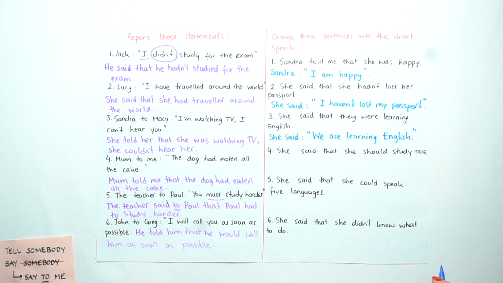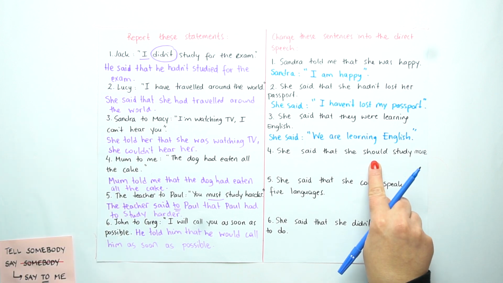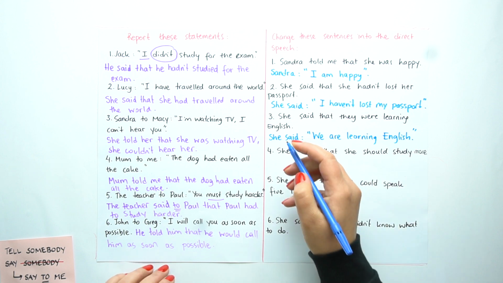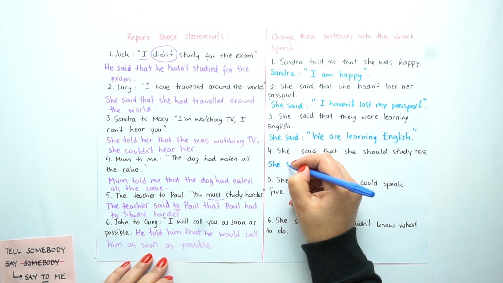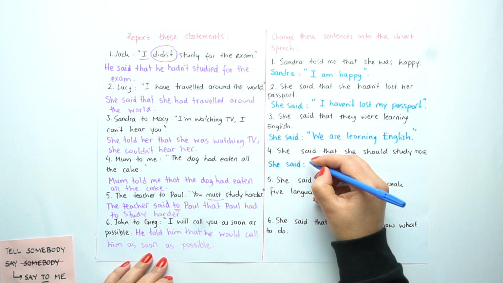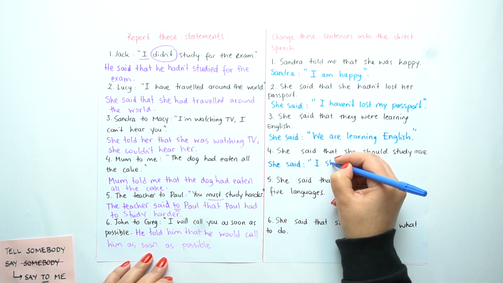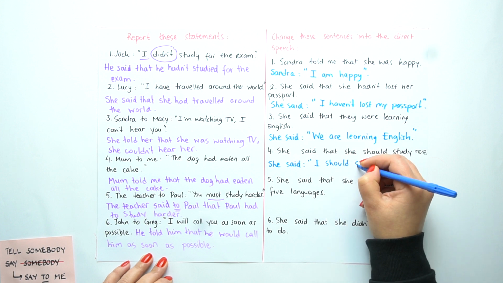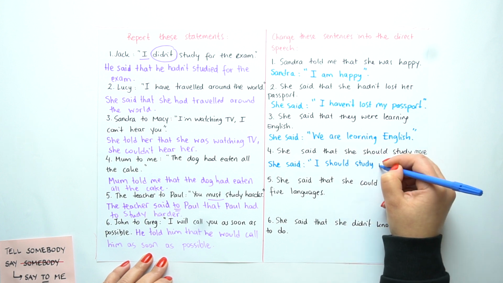She said that she should study more. Remember, should is the same, so you don't need to do anything about it. It doesn't change. She said, I should study more.